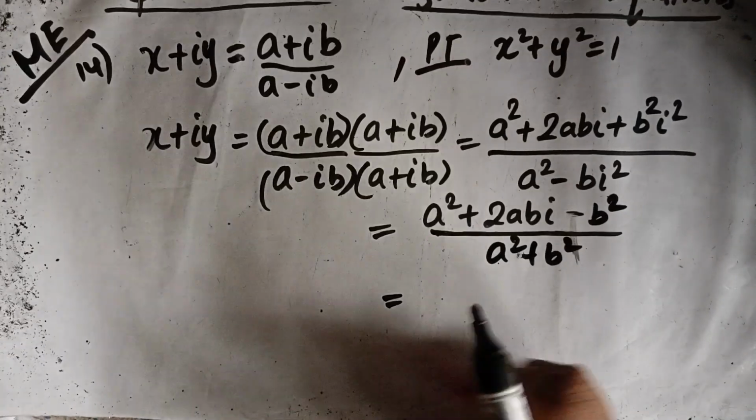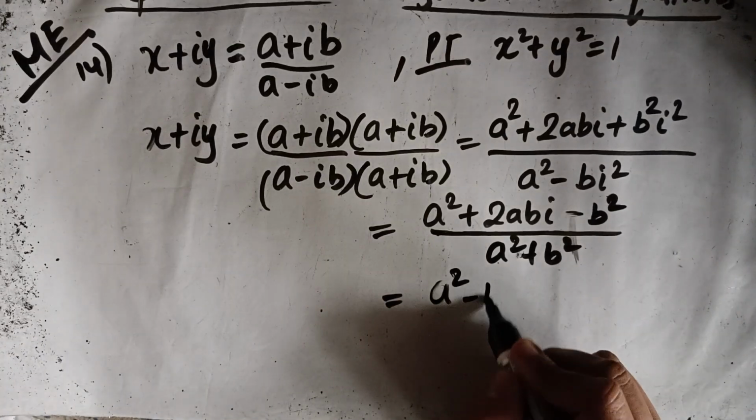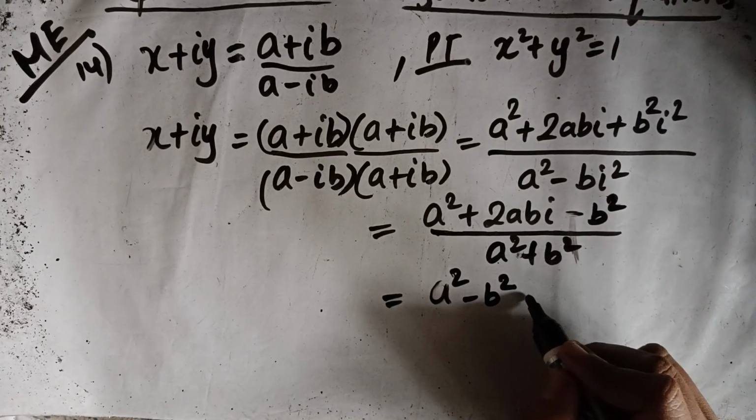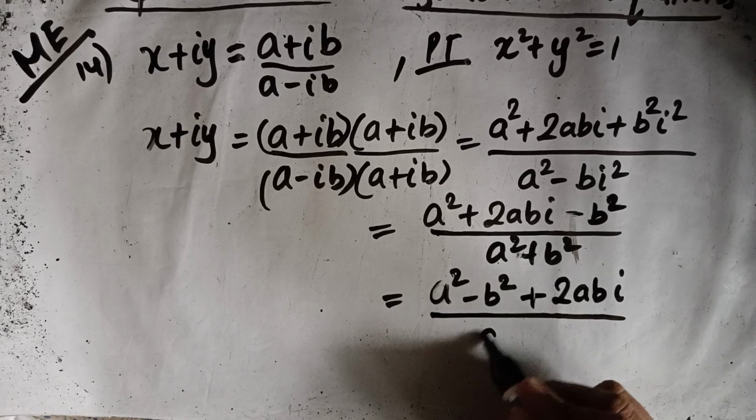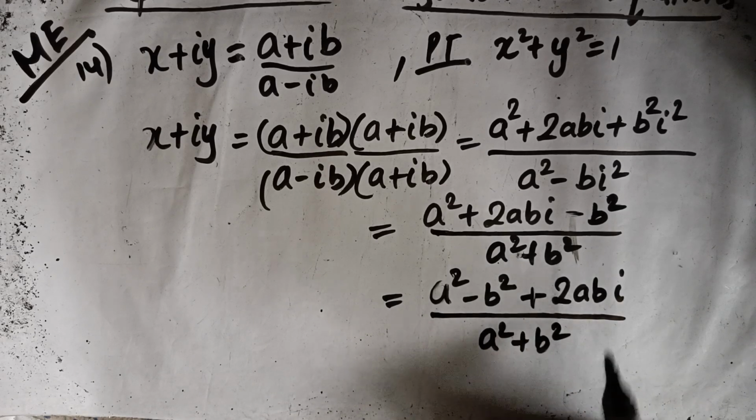So this is a square minus b square plus 2abi upon a square plus b square.